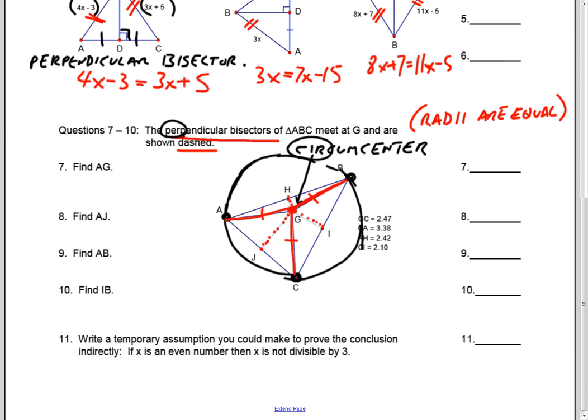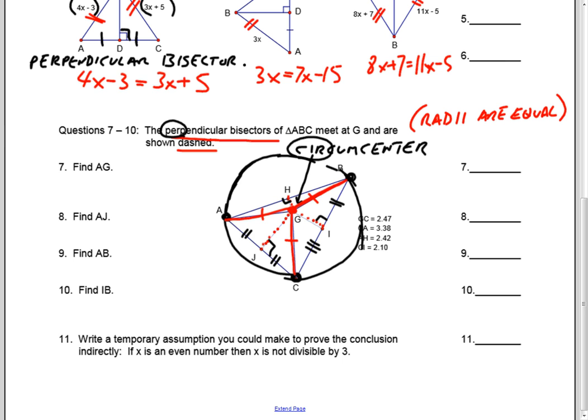And we were told that this was a perpendicular bisector. So I can put in right angles here, and here, and here. And it said that it was a perpendicular bisector, which means that this side is equal to this, that little piece.